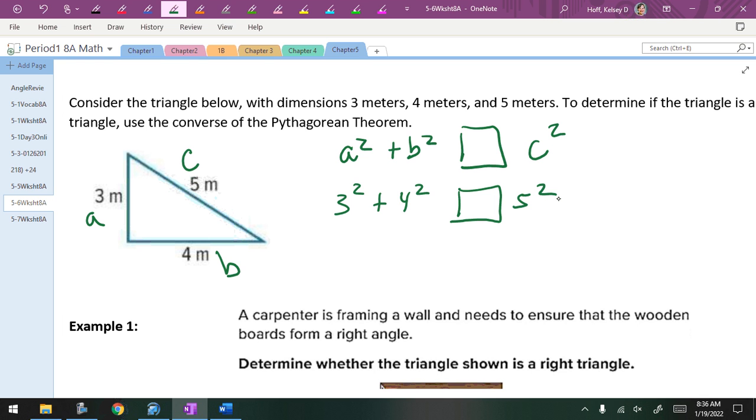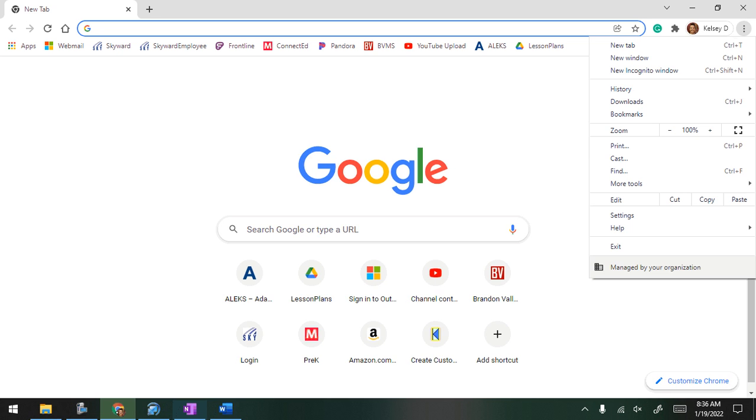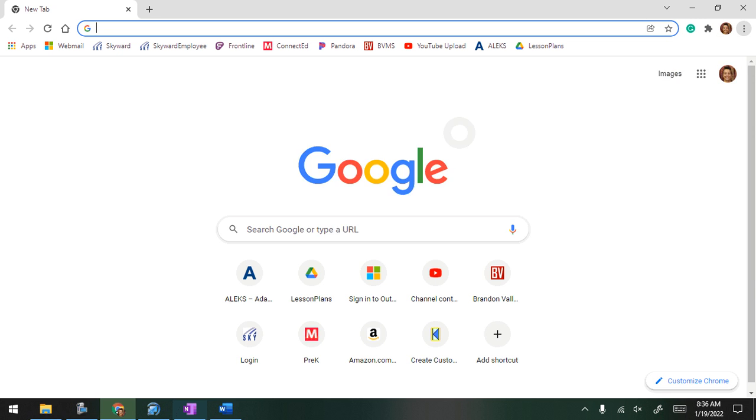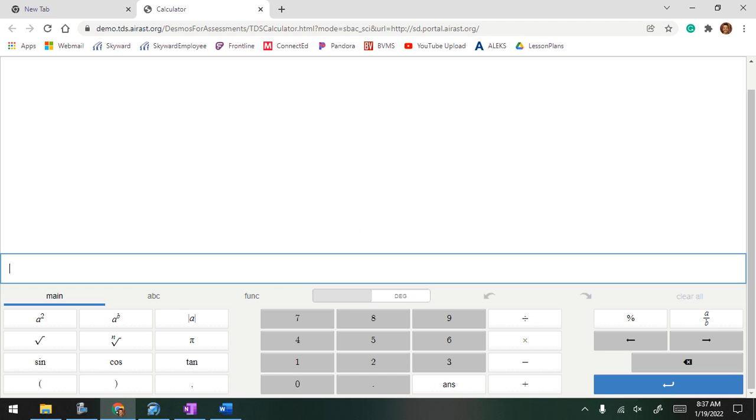Okay, grab that calculator. Now I'm going to show you up here. Okay, this is what your calculator should look like. Then shut your laptop.